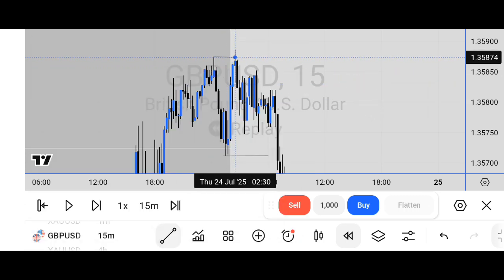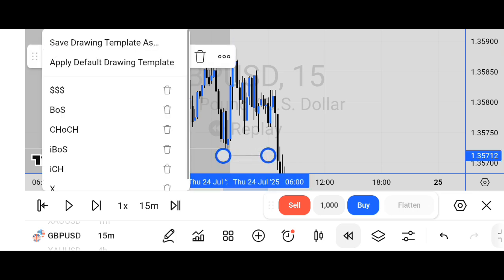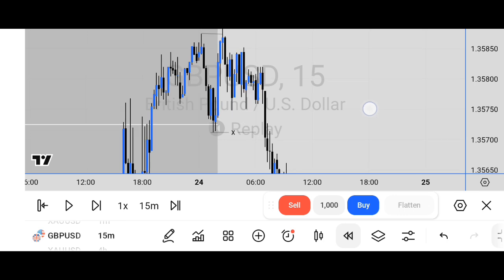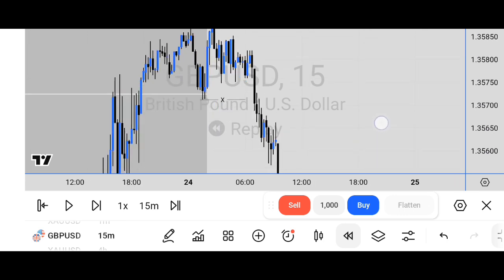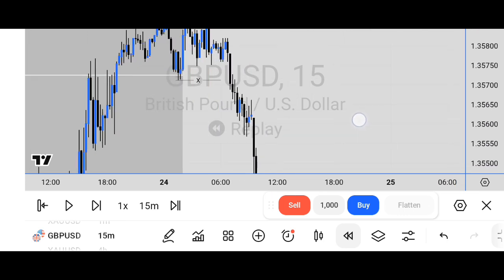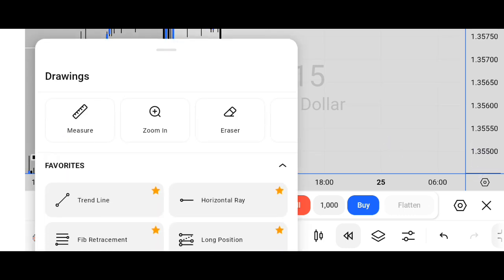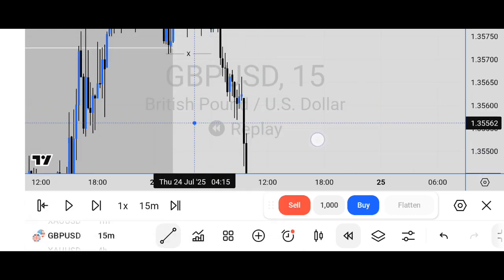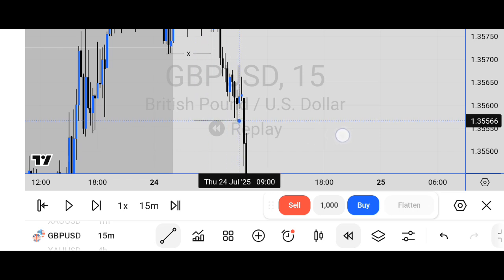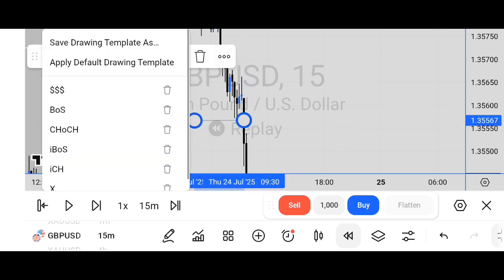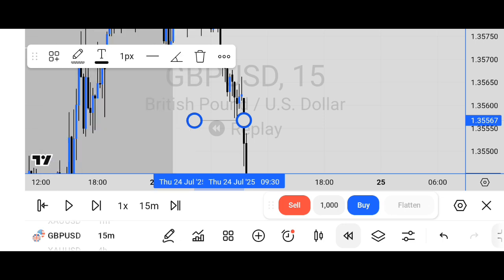So we have our inducement right here. After having our inducement, we need our internal CHoCH to be able to confirm that yes, we can get an entry. We don't have to wait for the major CHoCH before we can get an entry. So right here is our internal CHoCH.